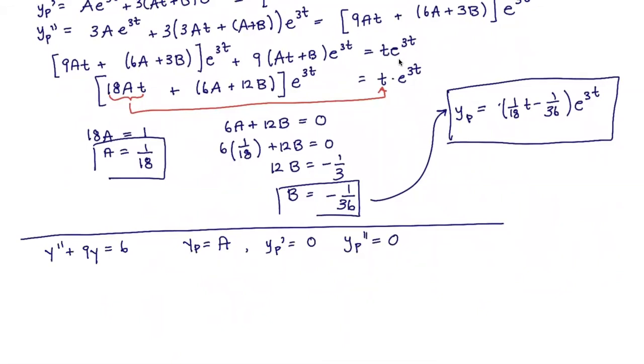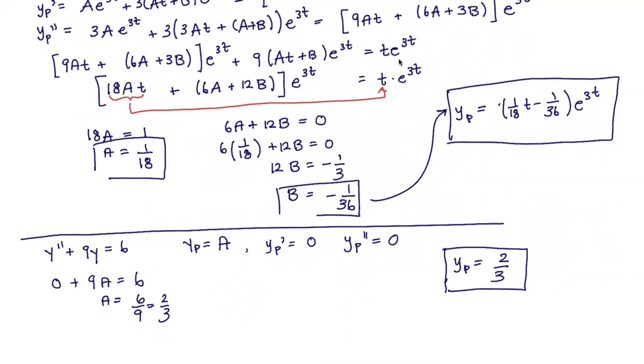Plugging in what we know, we will find out that we get 0 plus 9a is equal to 6, whereby we find in this case that a is equal to 6/9, or 2/3. And so the particular solution we're looking at for this part of the problem is just simply 2/3.